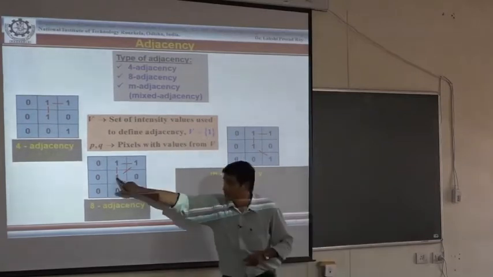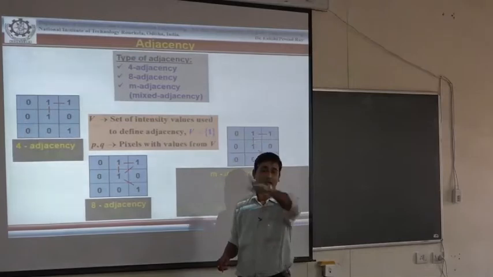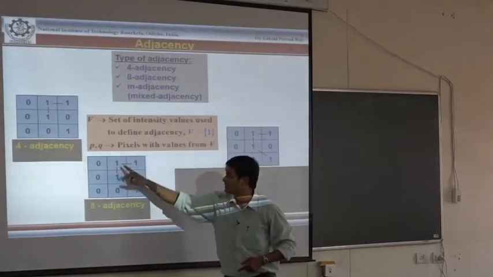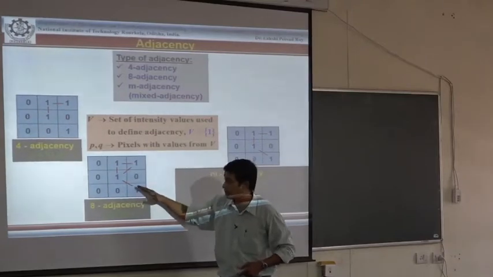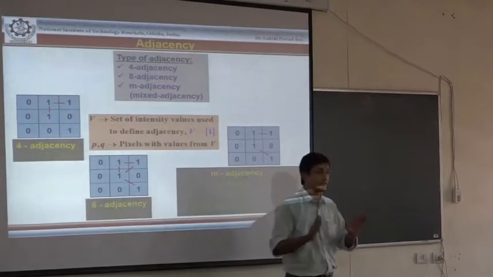Take this example here. This is the center pixel, with respect to which you want to find who are 1 in N8, where these are all N8. I found this and also this because it is in diagonal, but they are not because they are of other intensity.